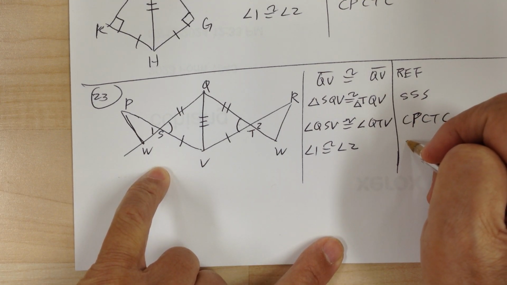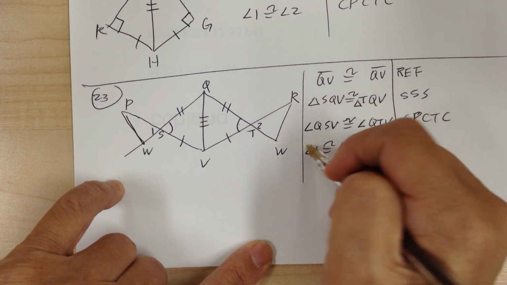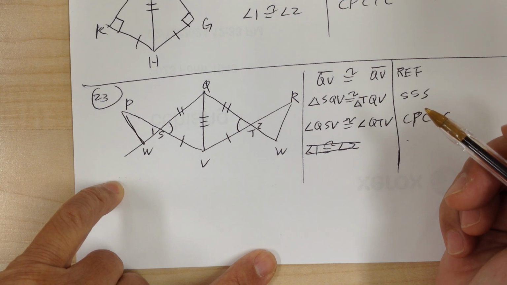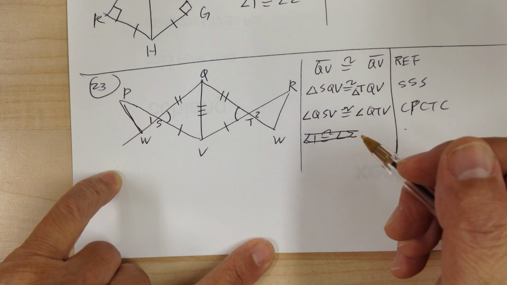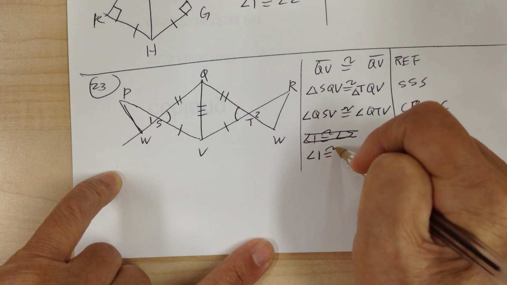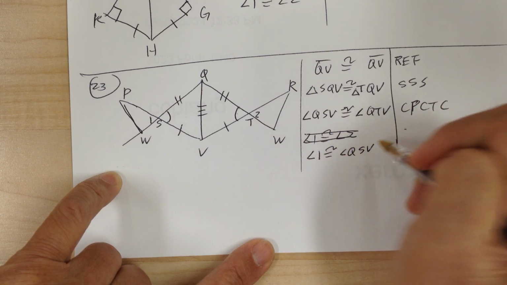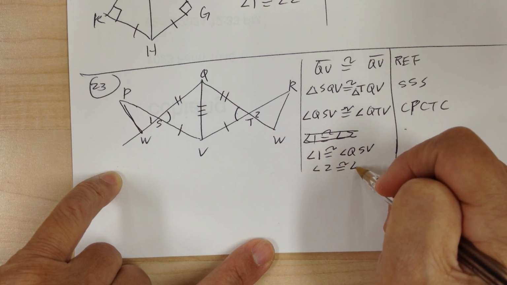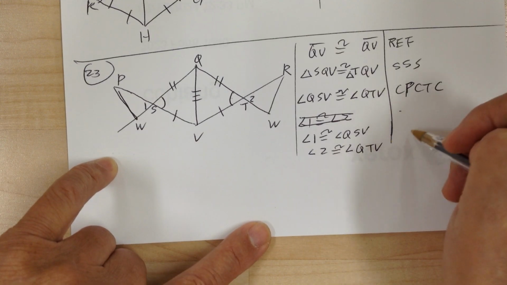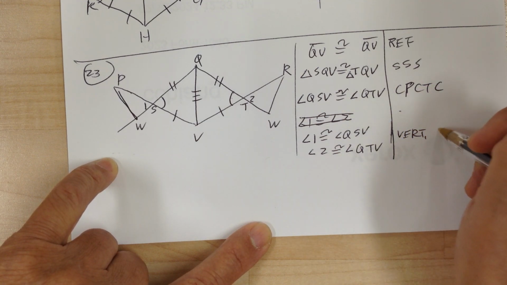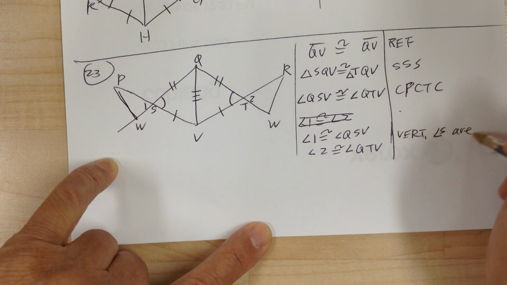Oh wait, before we can say angle 1 is congruent to angle 2, back up. We want to say that angle 1 is congruent to angle QSV, and angle 2 is congruent to angle QTV, and the reason for that is vertical angles are congruent.